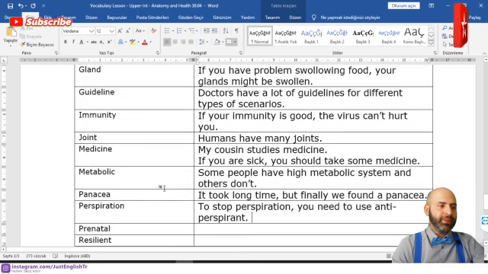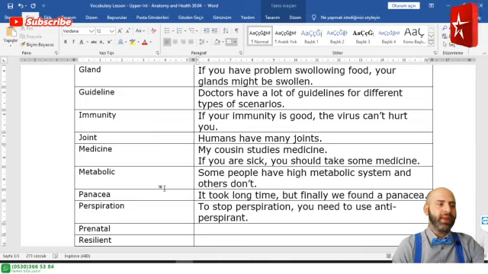Okay, so to stop the perspiration, you need to use antiperspirant, and you can also use deodorant. They have a little bit different meaning, but we can use for this case in the same sentence with almost the same meaning.